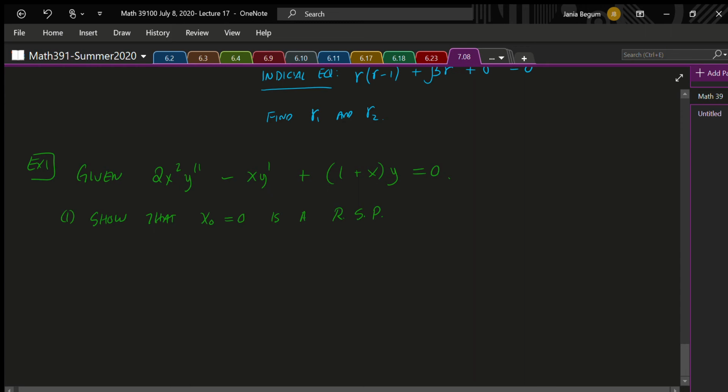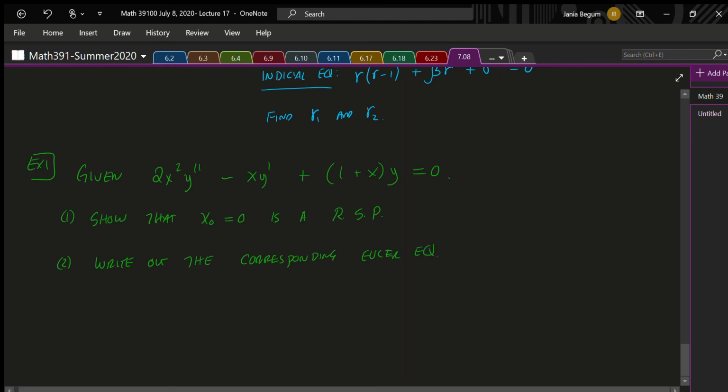Okay, so we can do this by taking limits, and once we have the limits, those values that we get for limits will be the beta and gamma for our corresponding Euler equation. So the second step is to write out the corresponding Euler equation.